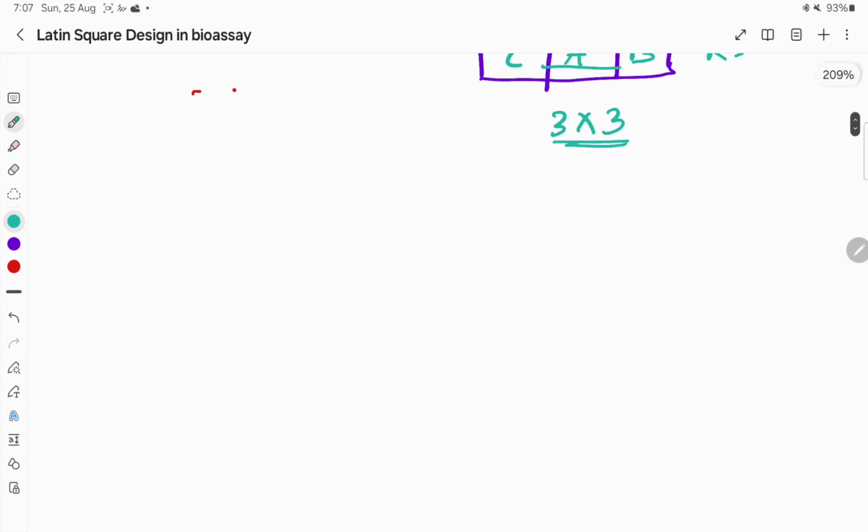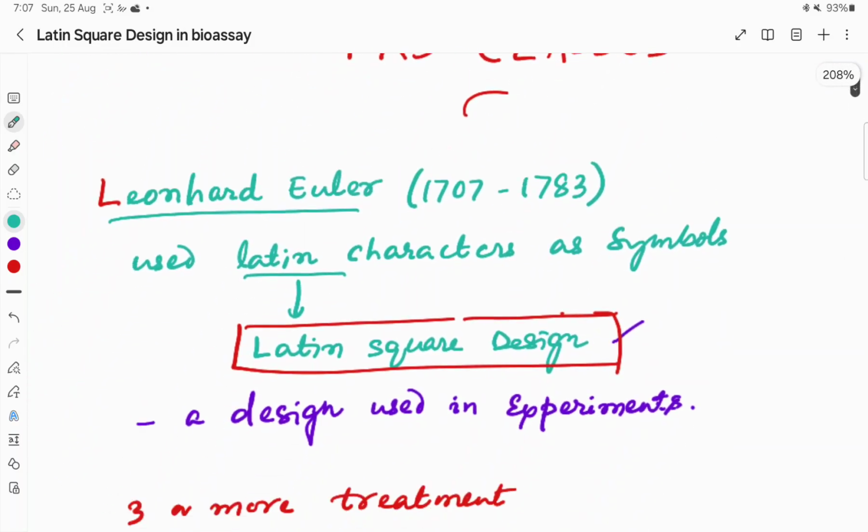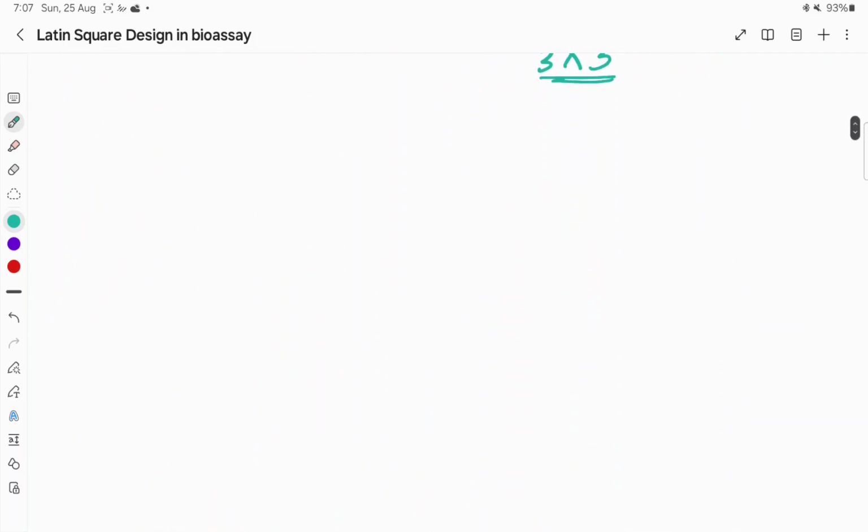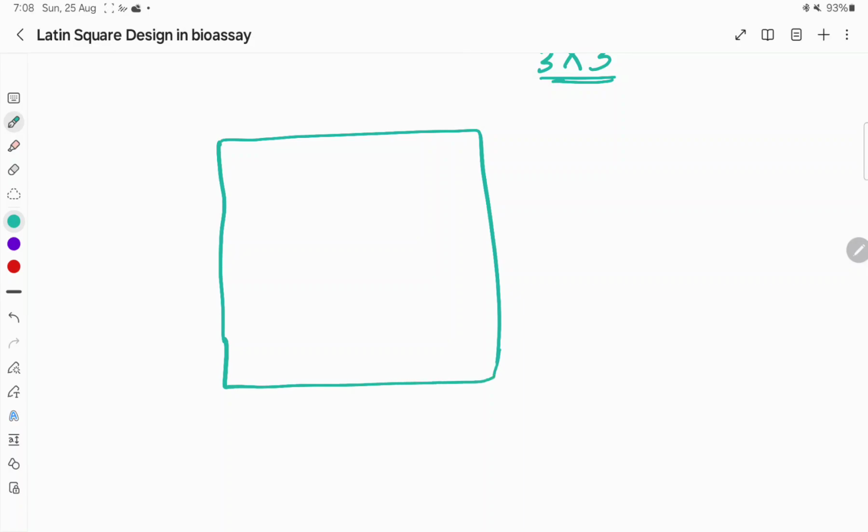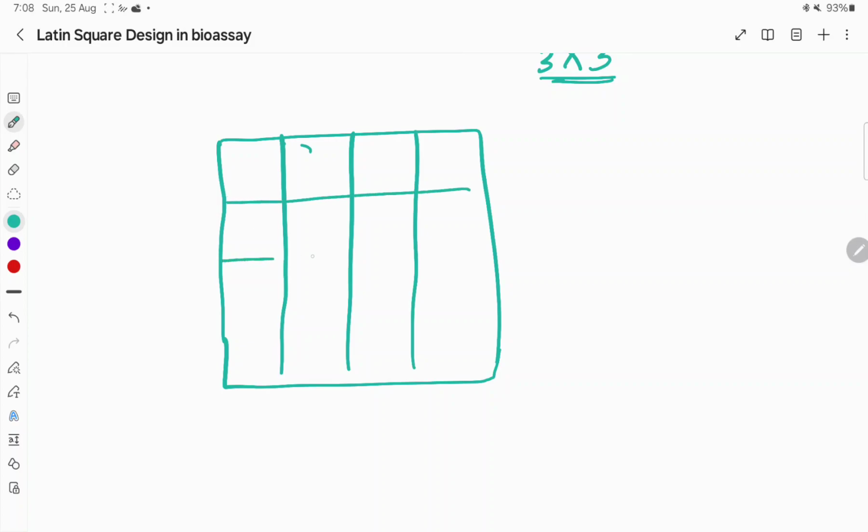Suppose we want a 4 into 4 design. Suppose we have the treatments A, B, C and D. Then how can we design that?